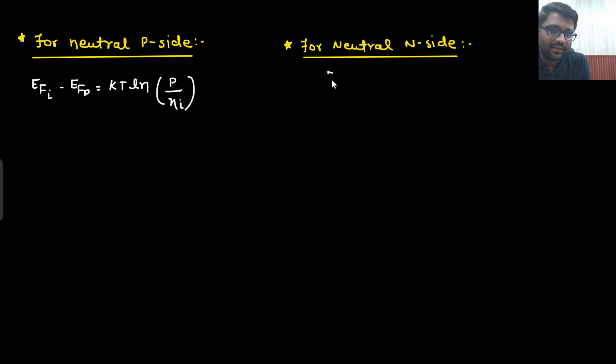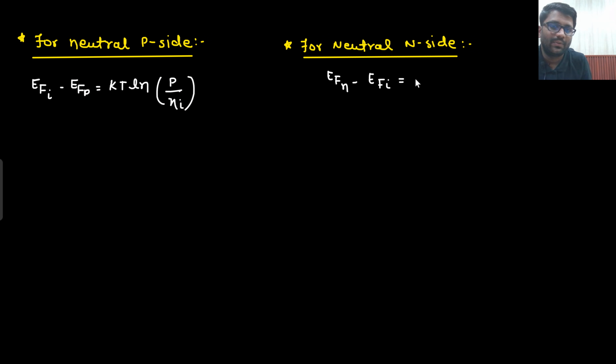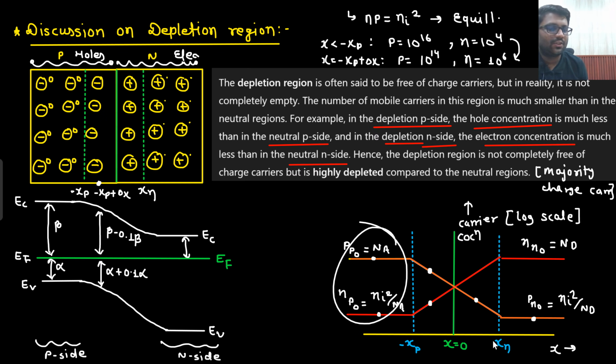And for the neutral n side, EFn minus EFi is equivalent to kT ln of the number of electrons divided by ni, right? For the neutral side, you are sure that the mass action law will be valid. Nothing is happening here. Here also the mass action law will be valid: Nd divided by Na squared by Nd, Na divided by Na, and here I am getting Na squared by Na. So no issue there. The issue is in the depletion region, right?